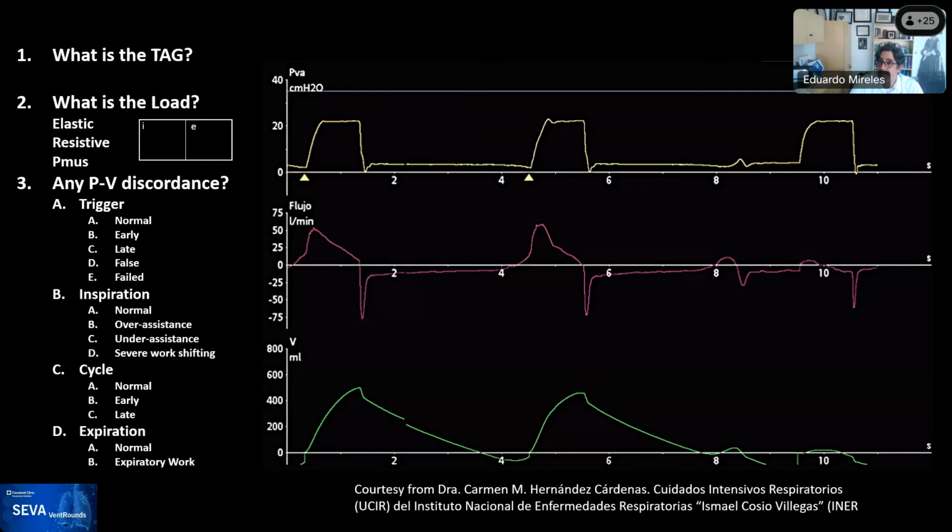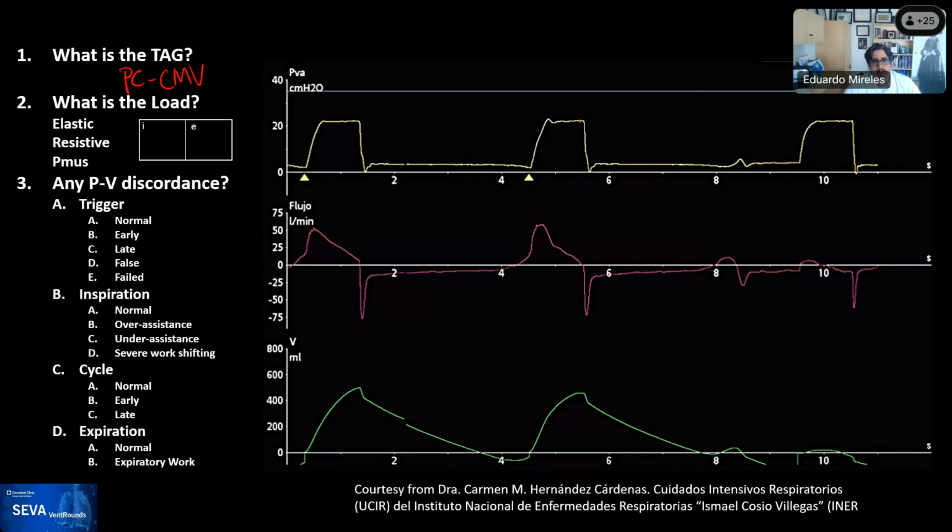Excellent. We start seeing some come in. There you go. So there's absolute agreement amongst the audience that this is pressure control CMV. And granted, under these circumstances you cannot talk much about the targeting scheme because there may be others hidden, but at baseline, at least you know that during inspiration you're controlling pressure.